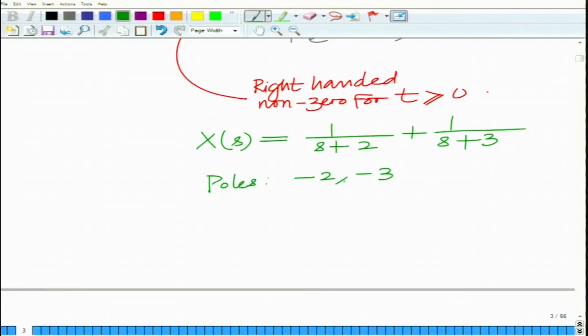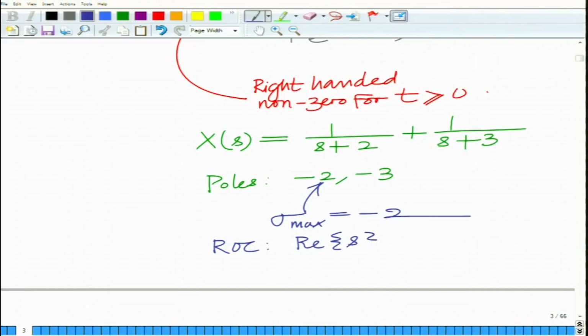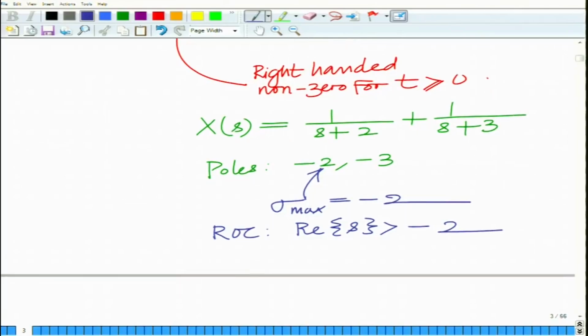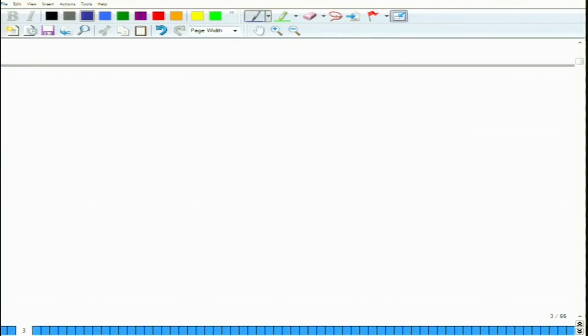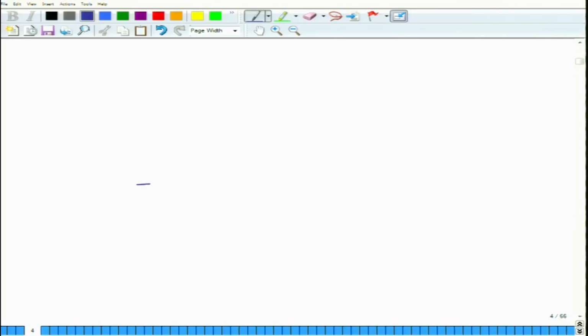Sigma max, the maximum of the real parts, is minus 2, and therefore the ROC is real part of s greater than minus 2. And the ROC looks like this.